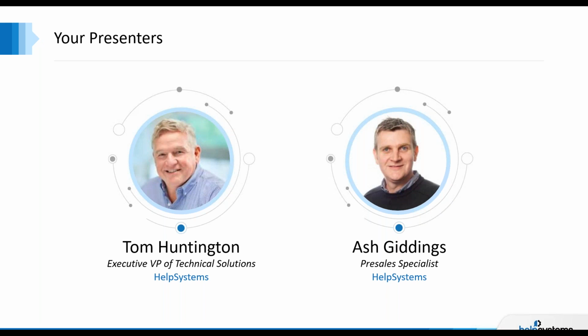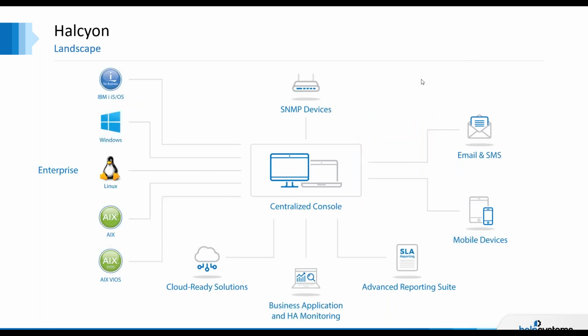Awesome. All right. Well, let's get into Halcyon. Let's talk about the Halcyon landscape and some of the things that this technology can do. I thought this was an interesting reminder for some people, and maybe an education piece for others. Predominantly, most Halcyon customers came to us for IBM i monitoring or automation.